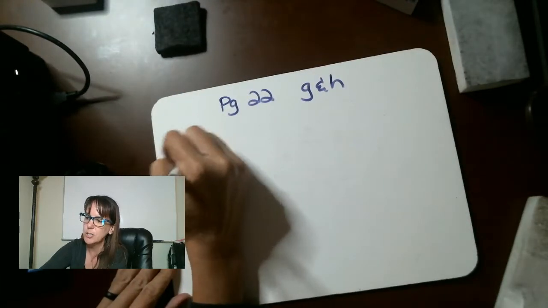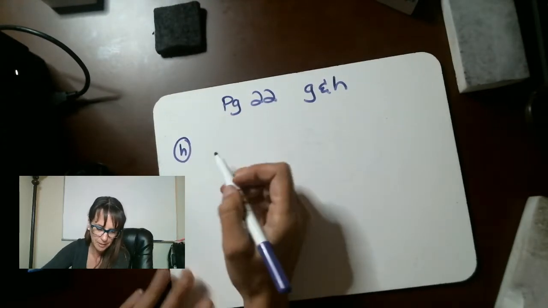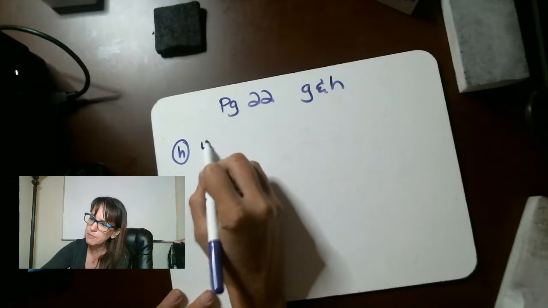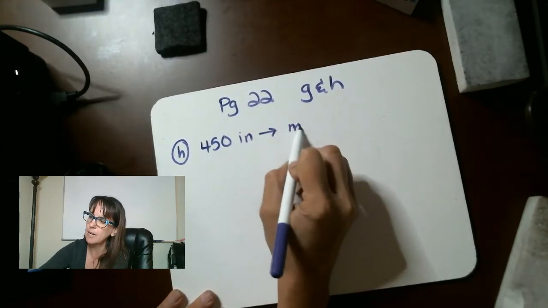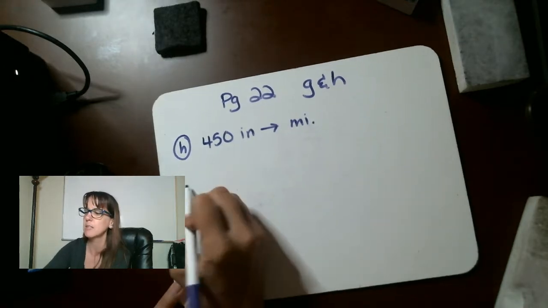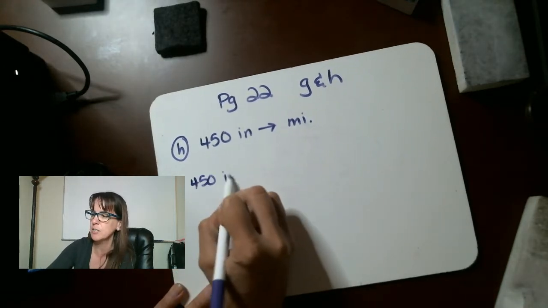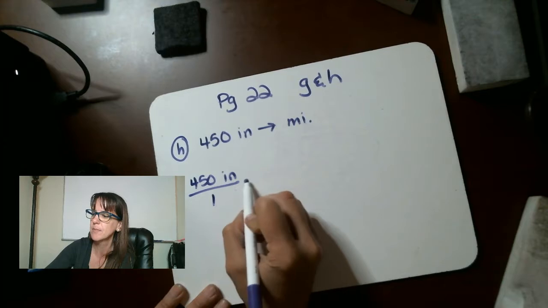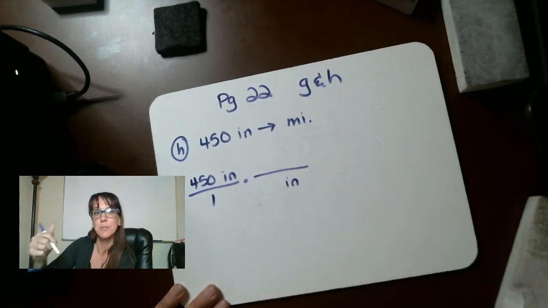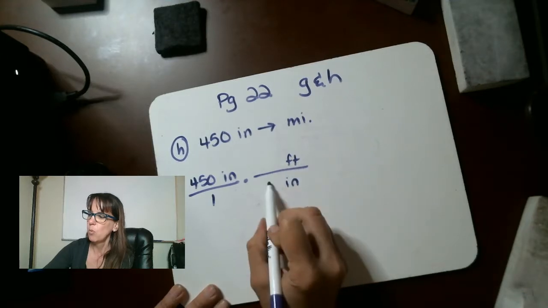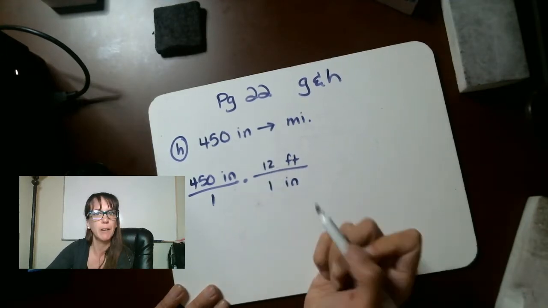All right. Let's do H. Use 2 unit multipliers to convert 450 inches to miles. We start with 450 inches over 1 times, we put inches on the bottom here, we're going up, so let's go to feet. 1 inch is 12 feet, right?